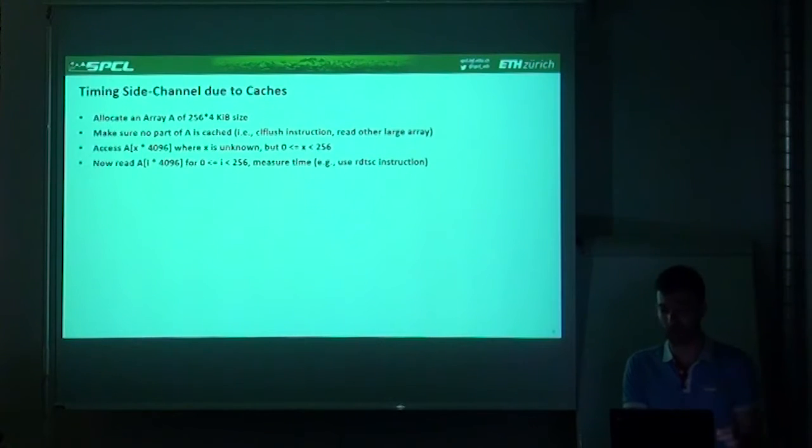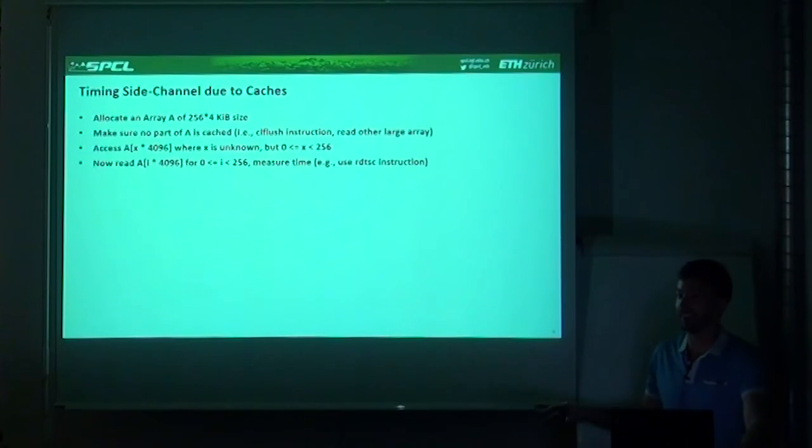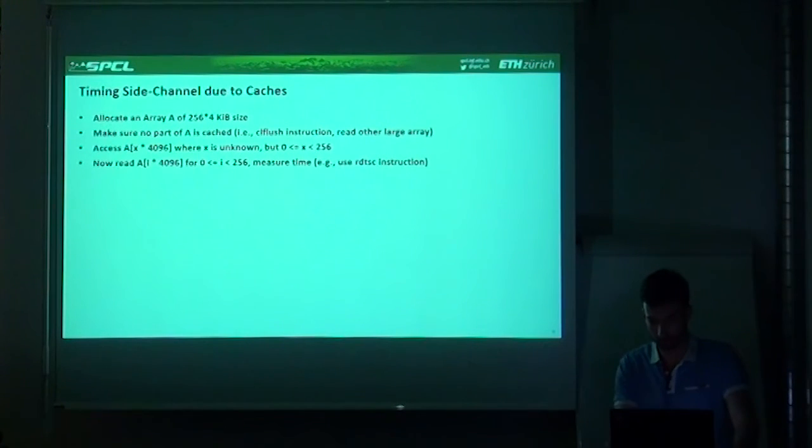So we can allocate an array A of a certain size, at least the size of one cache block times 256. And we can make sure no part of A is cached. There are special instructions, for example, to say, please, if this address is cached, remove it. This is the CLFLUSH instruction. But even if we don't have this instruction, we can get by just reading other data and making sure, okay, now this other data is in the cache, but not anymore this array A.